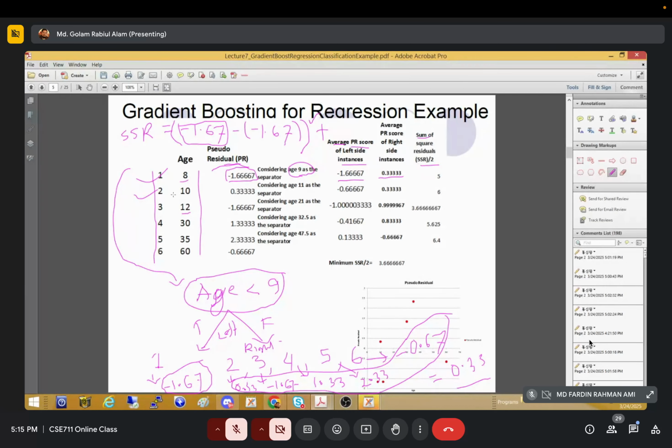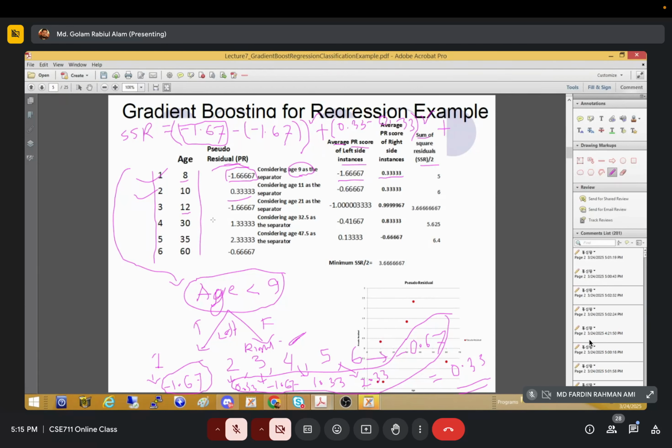And for the next observations, observation 2 to 6, those will be on the false or right side. For that, the original for observation 2 is 0.33, minus the prediction, which is also 0.33, and the square of that, plus.